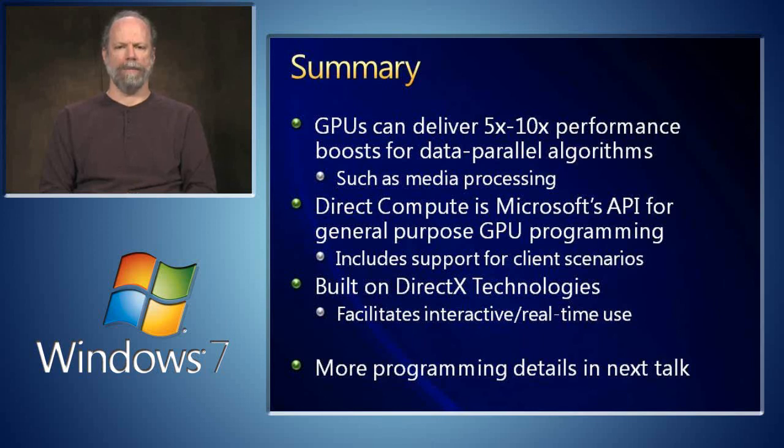The Direct Compute API is Microsoft's solution for this type of general purpose GPU programming, as it has been extended to support client scenarios. It's built on the DirectX technology foundation, which facilitates real-time interactive use of these solutions, and also integration with the other DirectX components that already exist.